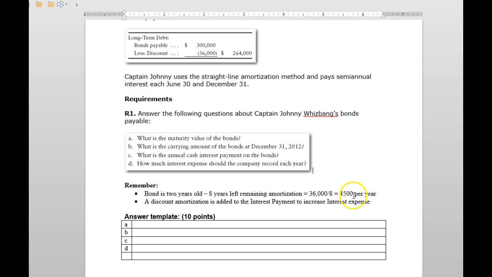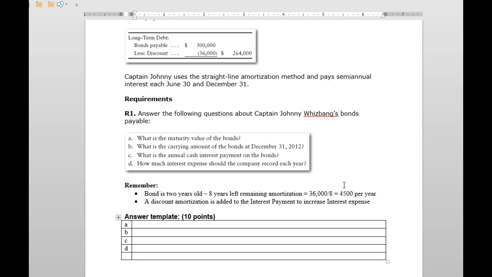That $4,500, a discount amortization, is added to the interest payment, because that increases the interest expense. So you would take what your interest payment is and add that $4,500 to come up with the interest expense. And that is to compensate for the market rate versus the stated rate.